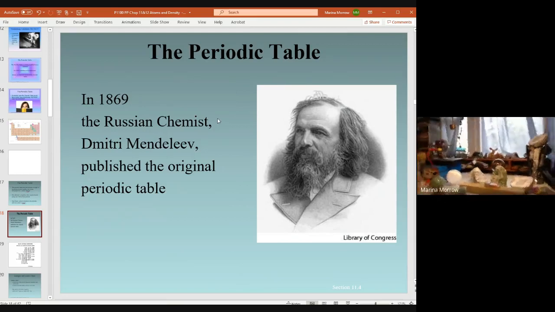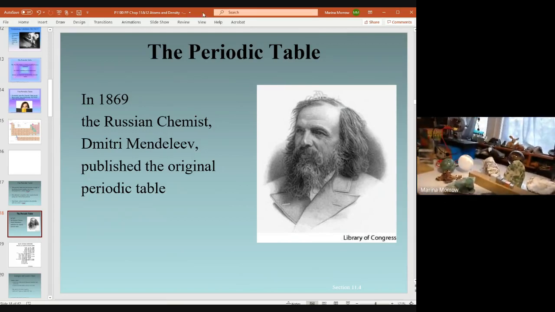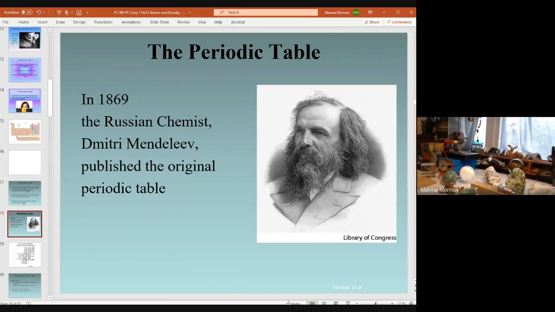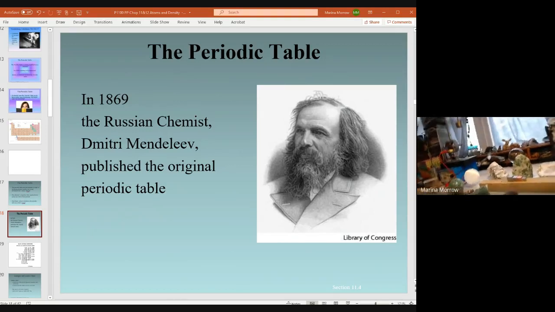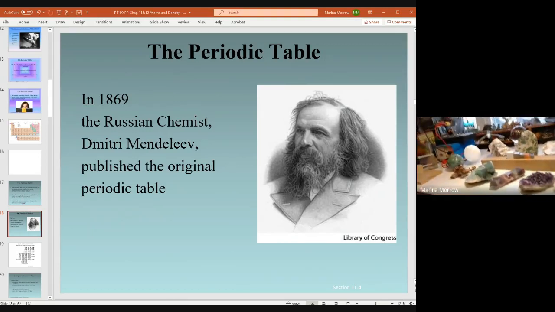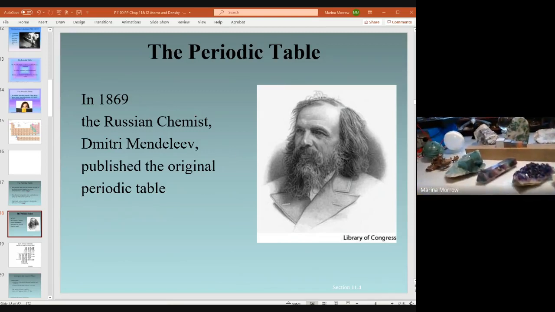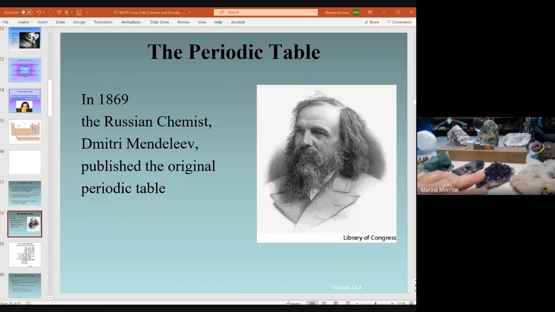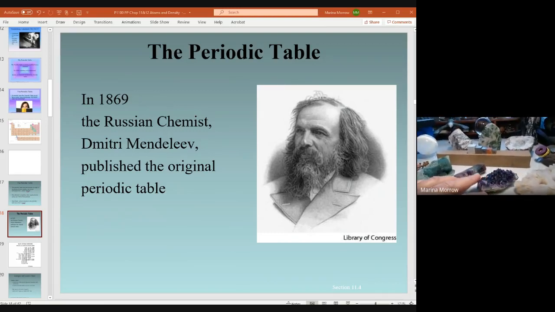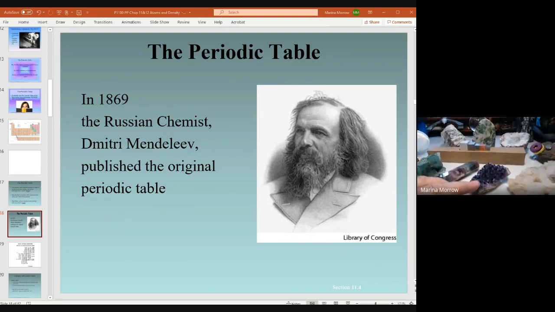And so over here, I've got some materials. So you can see how difficult it might be to tell one element from another. For instance, maybe you recognize the purple of amethyst. That's quartz in there, silicon oxide.